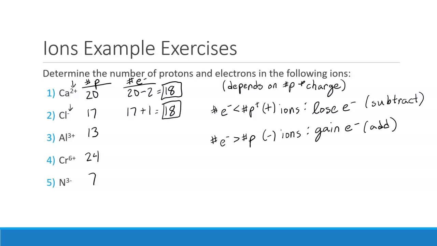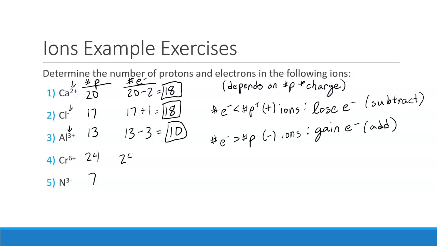Aluminum at +3, again, positively charged ions, we need to have fewer electrons. So therefore we take 13 minus the charge, which is 3, so minus 3, and that results in 10. Chromium +6, again positively charged, we need to subtract.